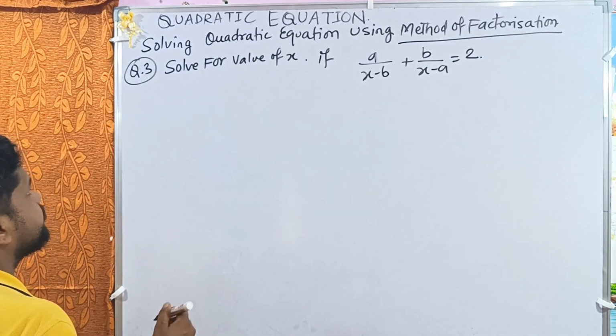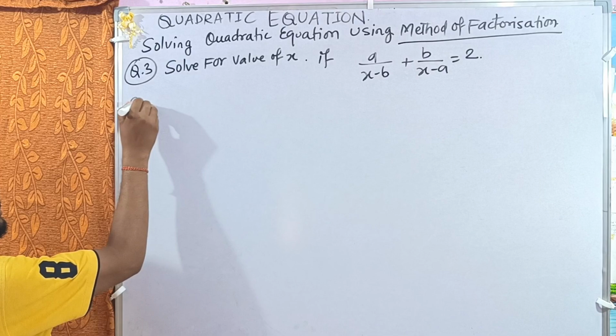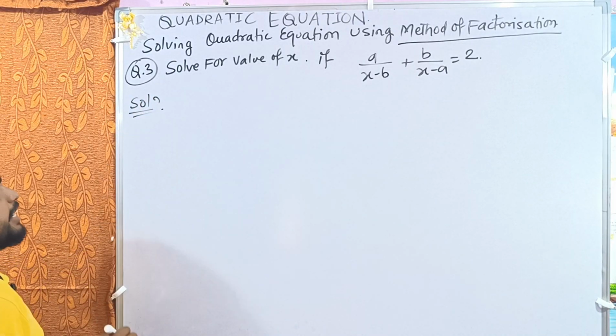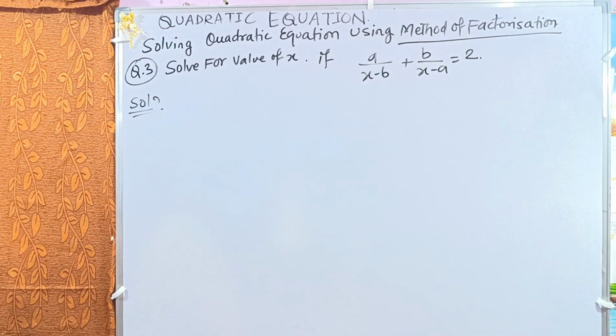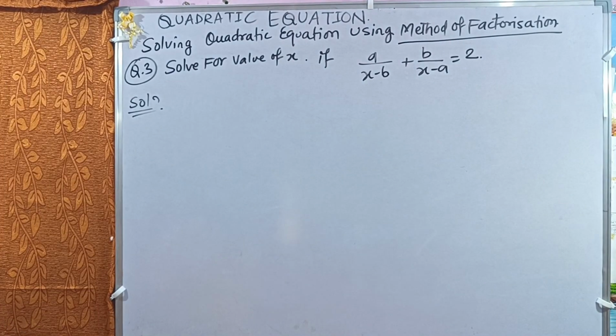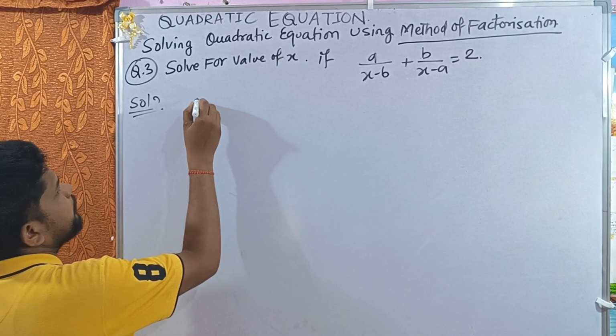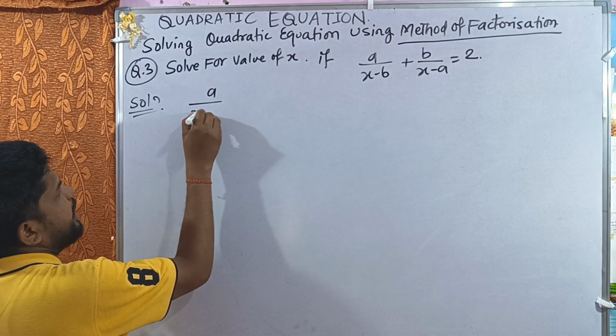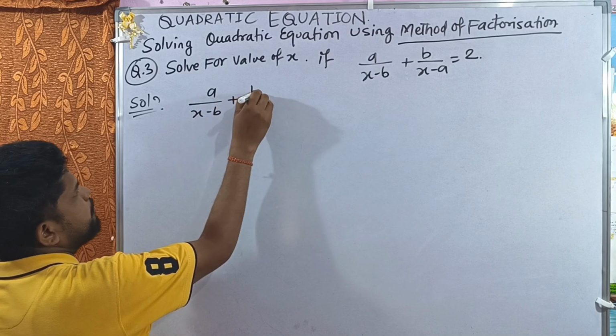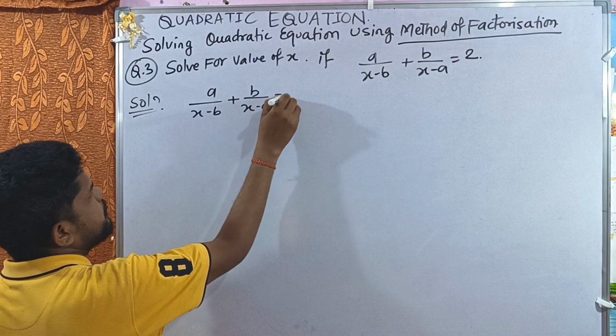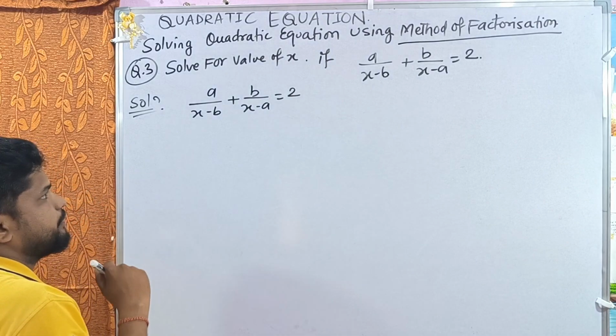Dear students, for this question, the equation is a upon x minus a plus b upon x minus b is equal to 2. Question is this.